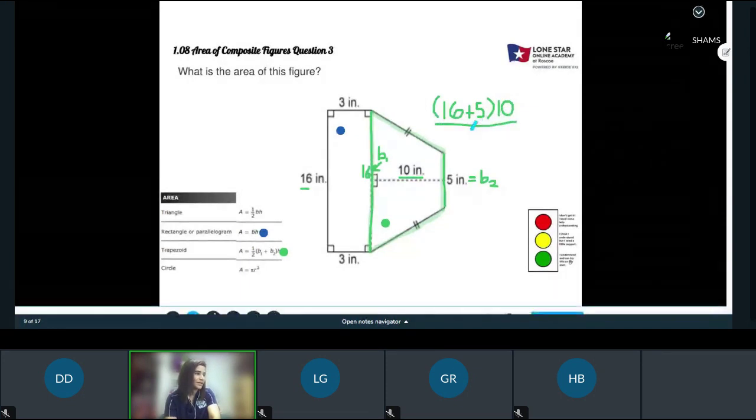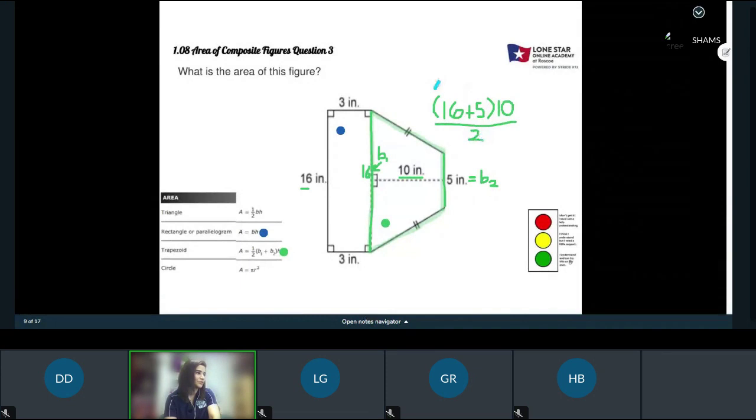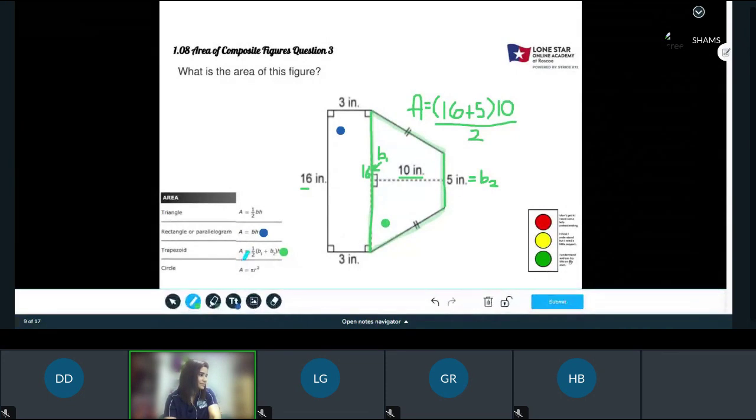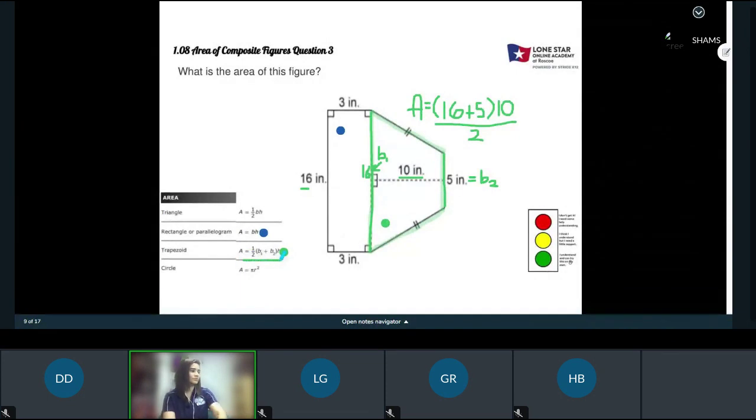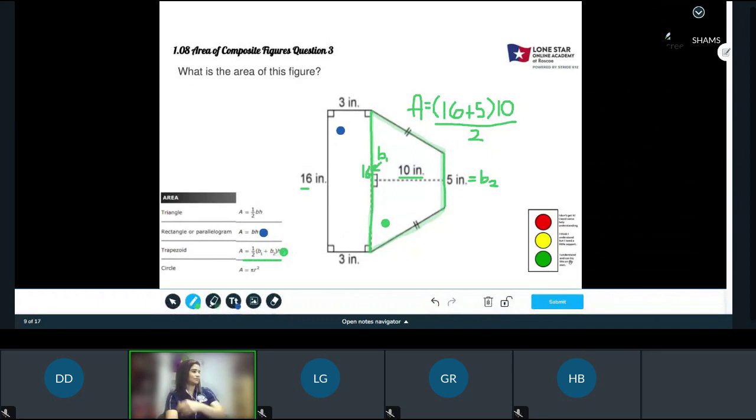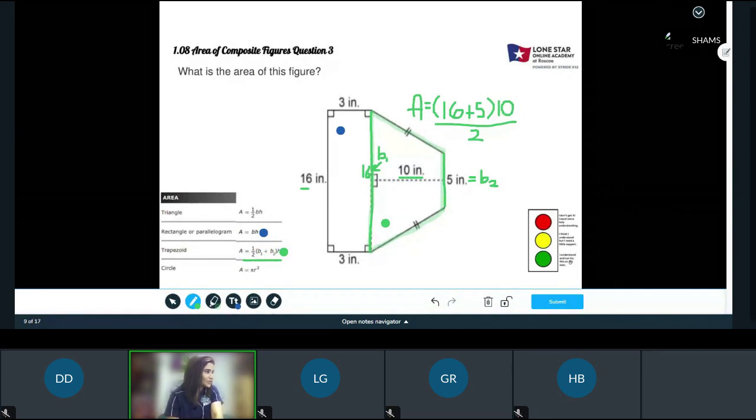Then divide it by 2. This is how you find the area of a trapezoid: add the bases, multiply by height, divide by 2. See over here? Formula, base 1 plus base 2 times height, find half of it. Let me see how much you got for the area of the trapezoid.